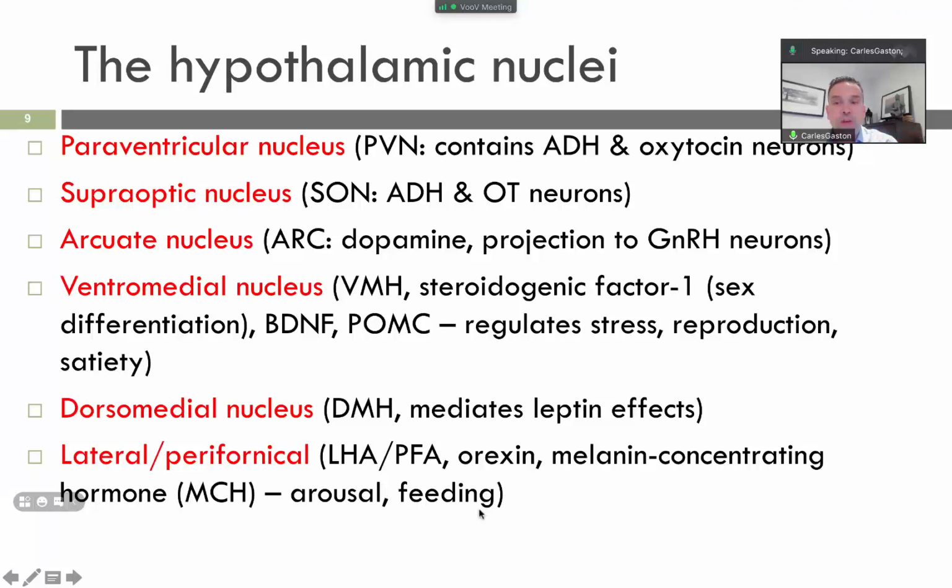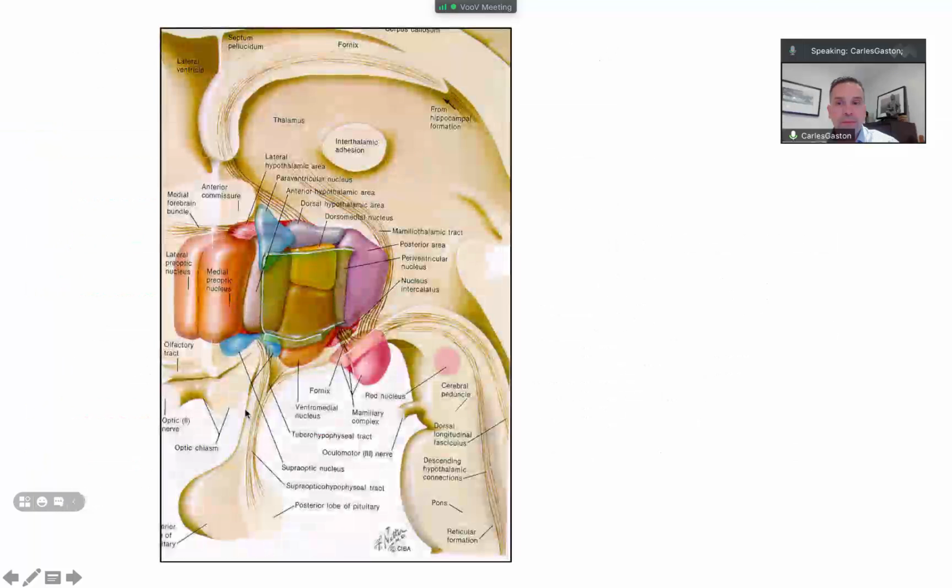We will study some of the functions of these independent neurons in each nucleus. But you need to just know that each nucleus contains specific neurons, and we will cover some of them during the lecture. So this is a textbook image of what the hypothalamus looks like. We have the hypothalamus here above with the anterior pituitary below, the posterior gland, just above the optic chiasm.